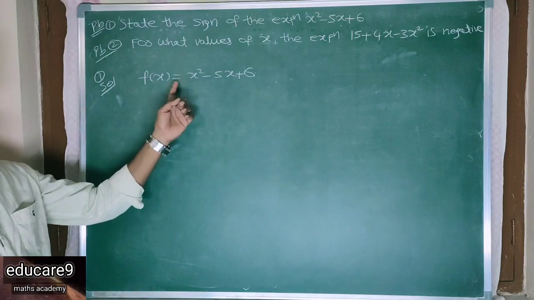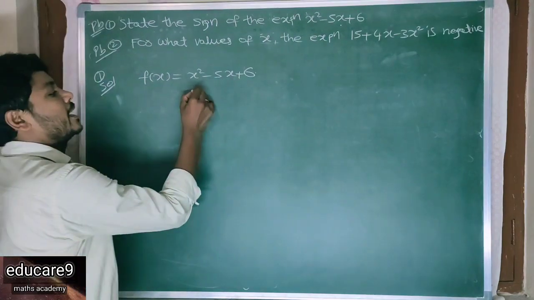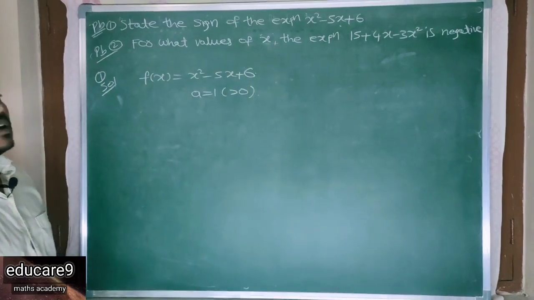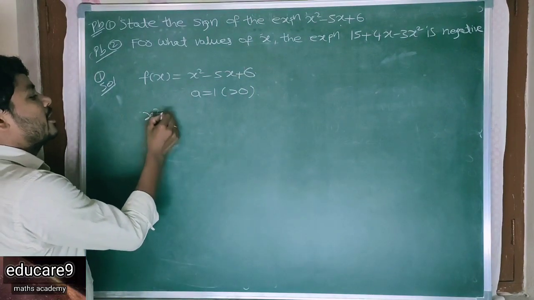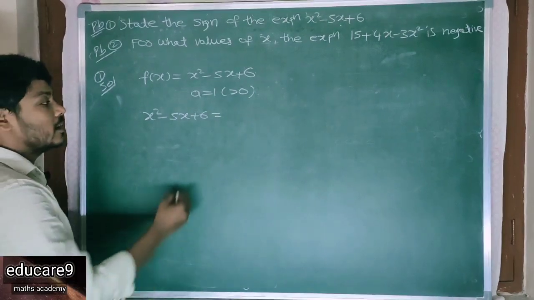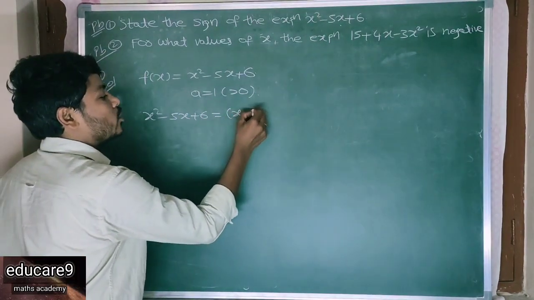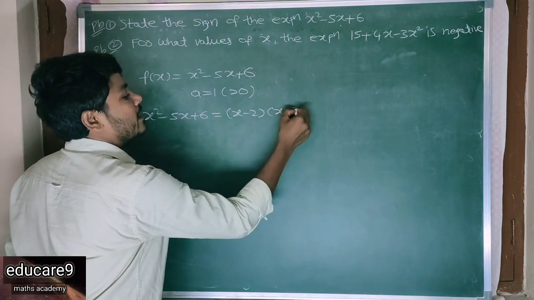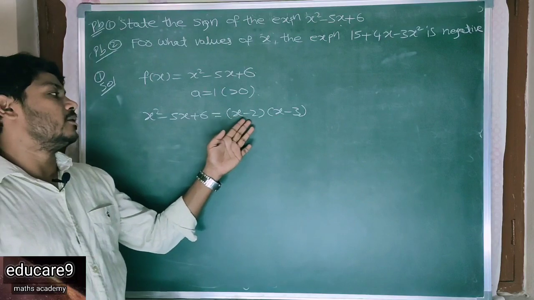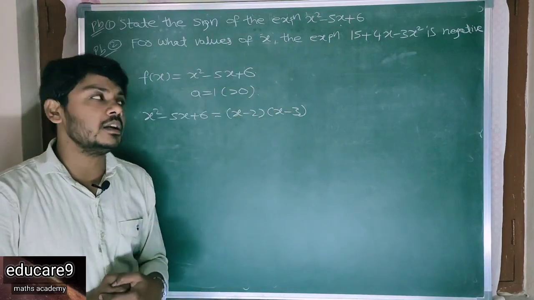Here the coefficient of x square is 1, so a is equal to 1, that is greater than 0. Now x square minus 5x plus 6 can be written as x minus 2 into x minus 3. So here there are two roots, one is 2 and another is 3.